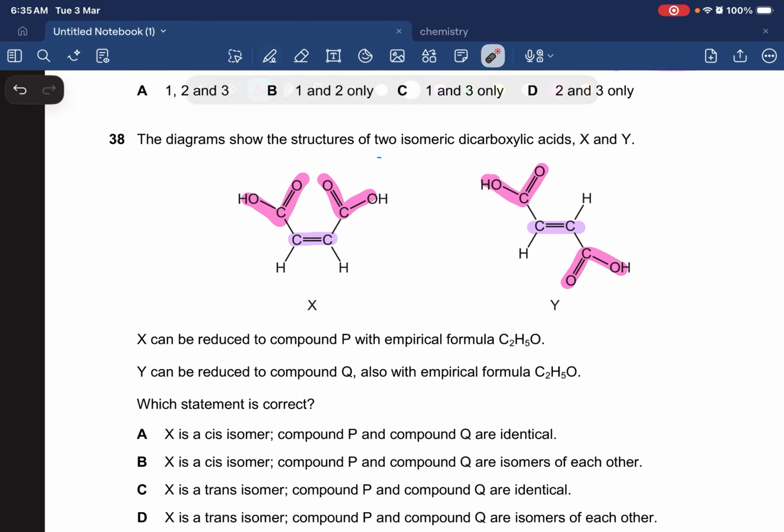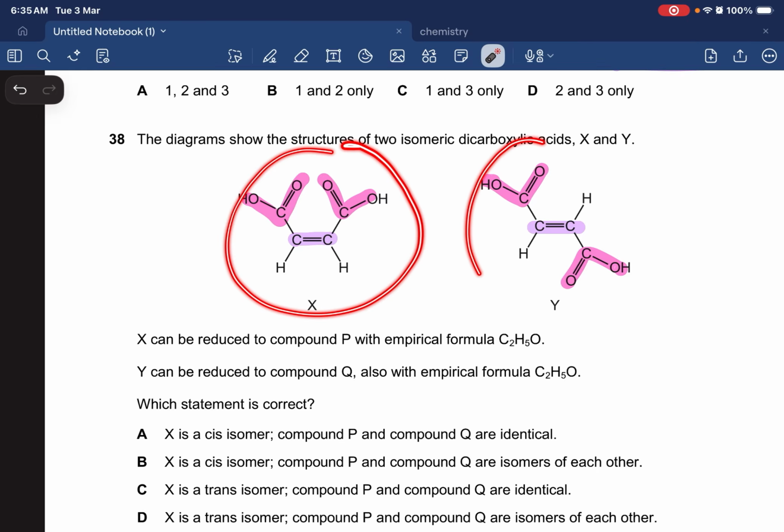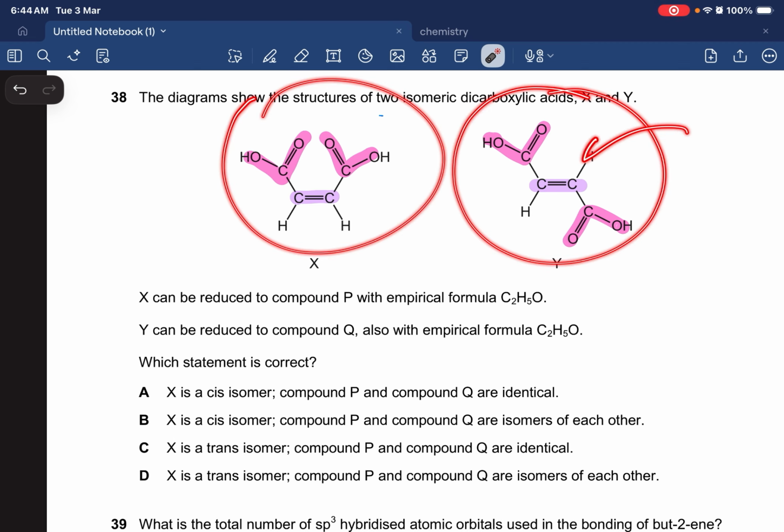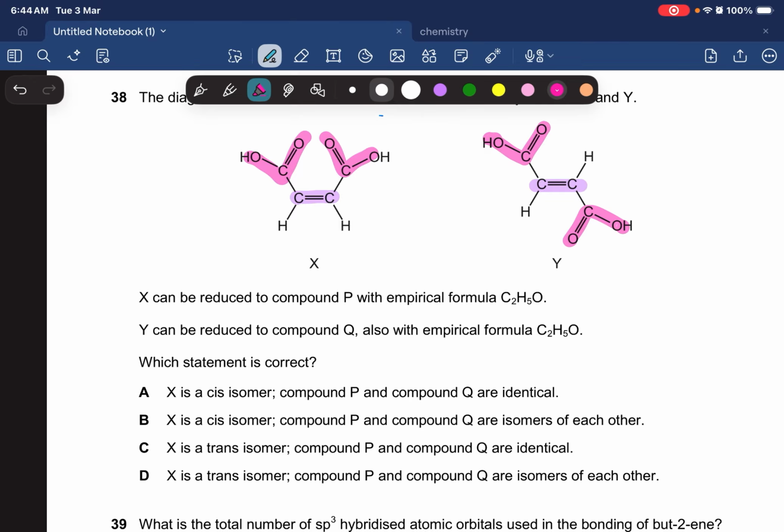So this is basically cis and this is trans. And we have this compound with the empirical formula. X and Y are going to become the same thing, because they are isomers and when you add something to them, they both become the same. So compounds P and Q are identical once we reduce them.